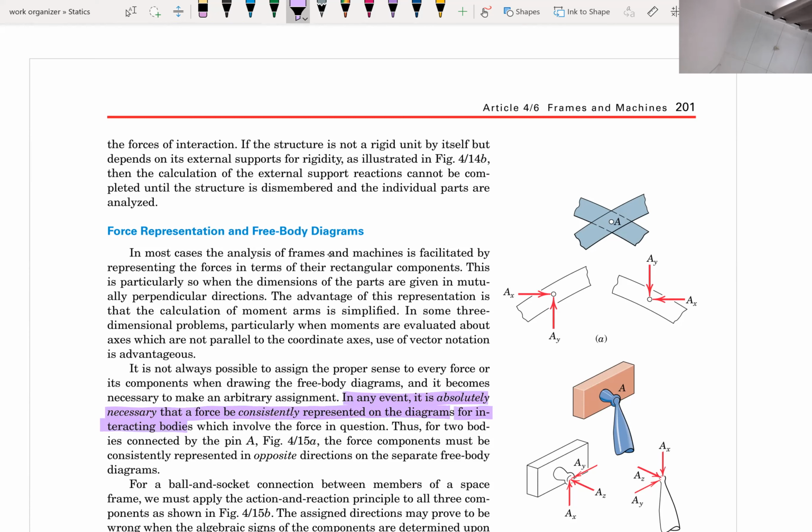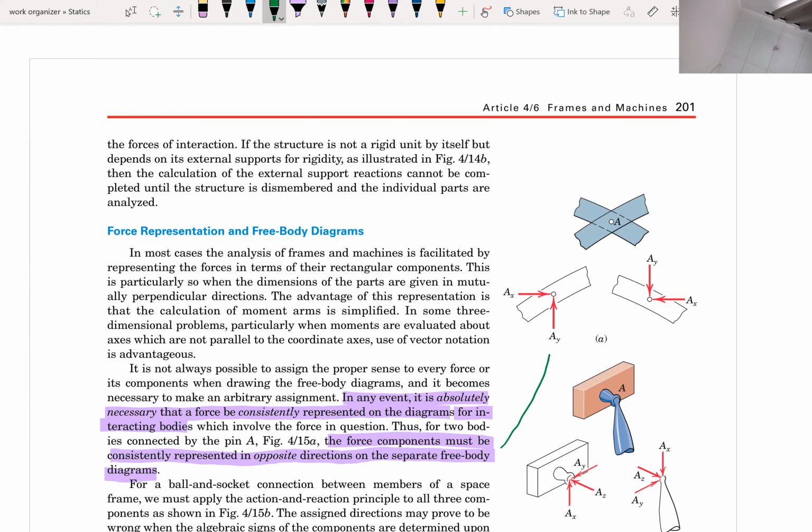The force components must be consistently represented in opposite directions on the separate free body diagrams. What does it mean by this?